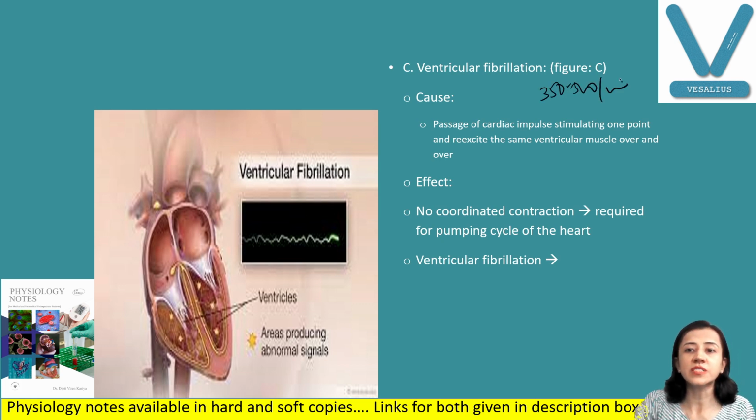Okay, and what is the cause? For ventricular fibrillation, there is passage of the cardiac impulse stimulating one point and re-exciting the same ventricular muscle over and over. And what are the effects of ventricular fibrillation? Because there is no coordinated contraction of all the muscles, cardiac output is reduced. After 4 to 5 seconds of the onset of ventricular fibrillation, the patient becomes unconscious because of lack of blood flow to the brain, and that results in irreversible death of brain tissues.